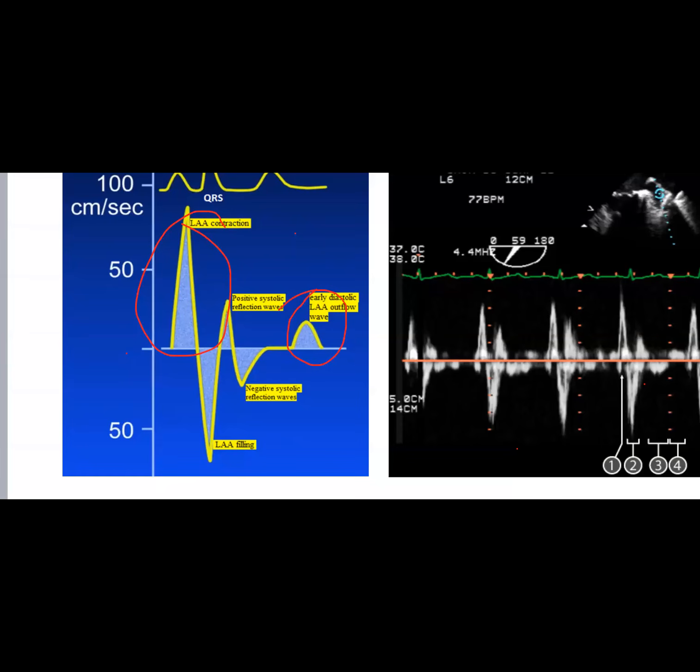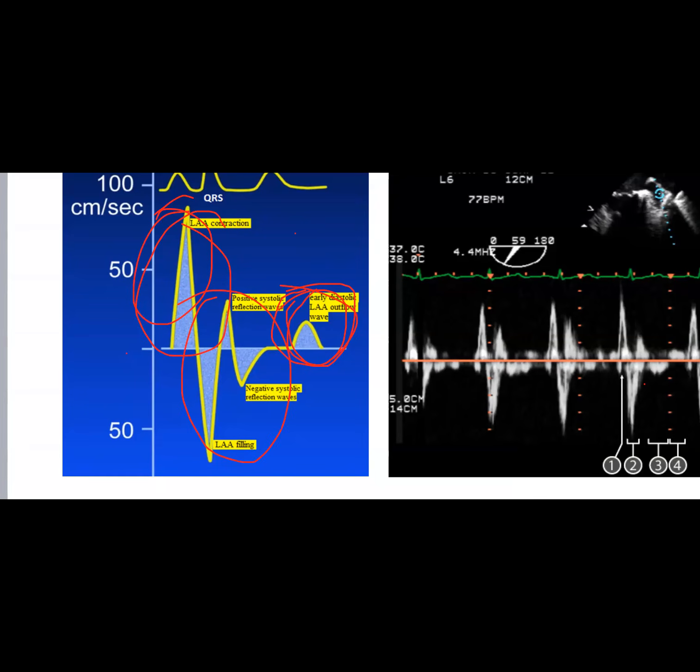This is the early diastolic velocity. When the mitral valve opens initially, the blood flows out of the LA appendage as well, so this is the initial flow. These other waves you don't have to care about; these are systolic waves in the LA appendage. The most important two are this one and this one.